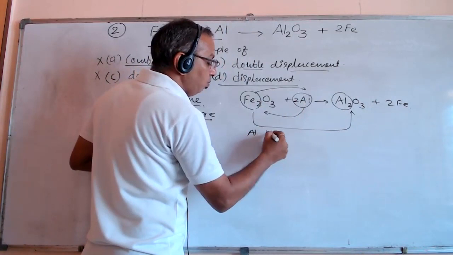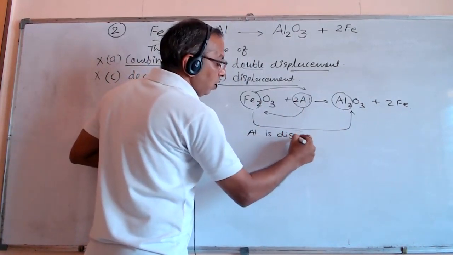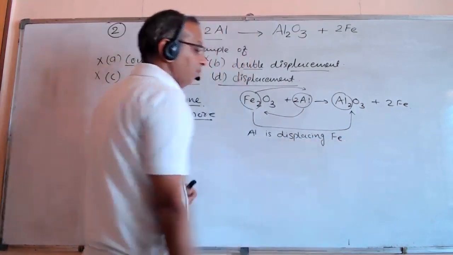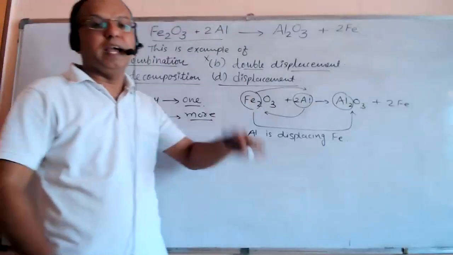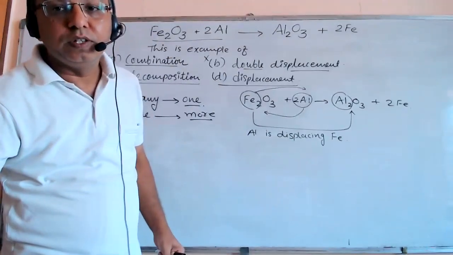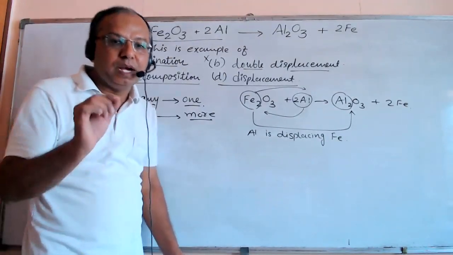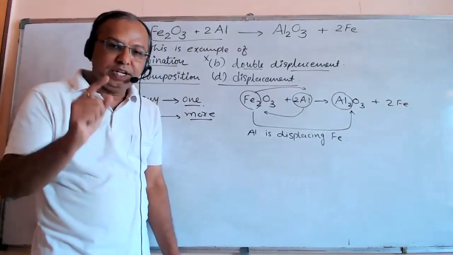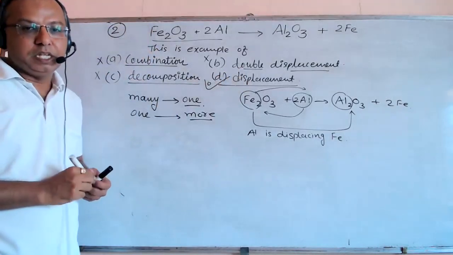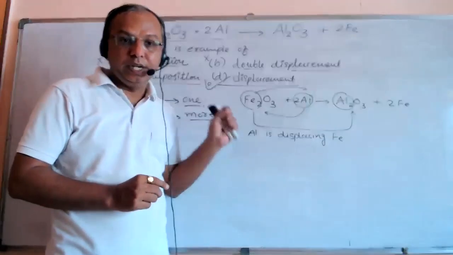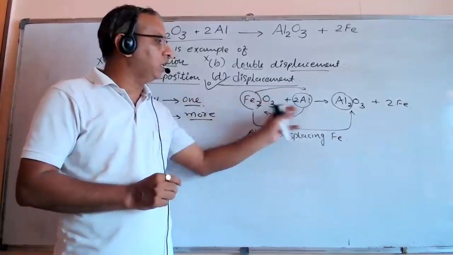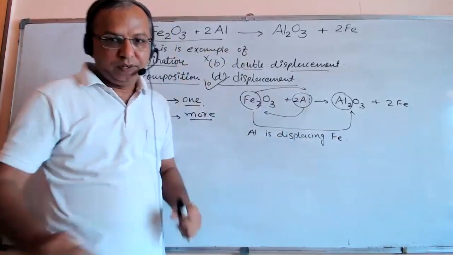So aluminium is displacing Fe, or Fe is displaced by aluminium. So this is an example of single displacement reaction. And that's why, friends, this is the correct answer, displacement. Single displacement or simple displacement reaction is the correct answer. Okay, friends, thank you.